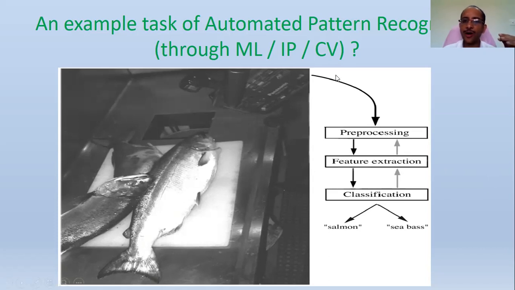So these three form the core for any automation task or inference task from data or images. And deep learning has the ability to perform all of them together directly from the data to a greater extent. The feature extraction and classification can effectively be done through a learning process itself.